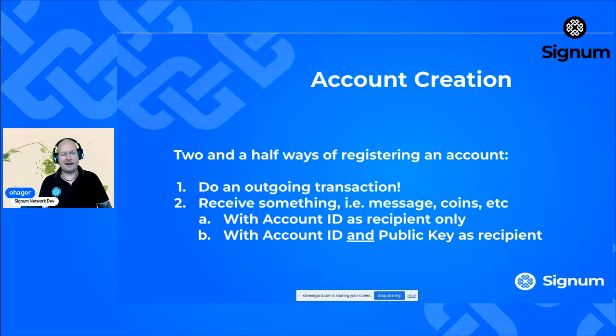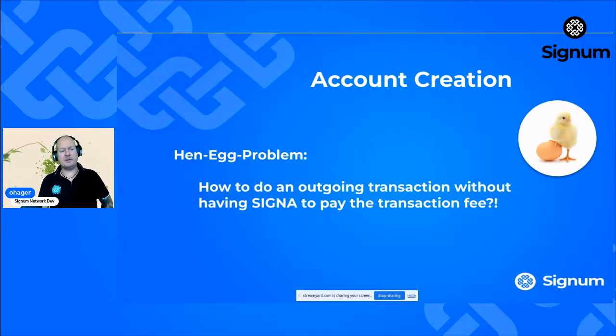There's something I call a chicken-and-egg problem. You say, hey, how can I do an outgoing transaction without having Signa? Because on a blockchain, we need to pay a fee to the miners, because they do all the work for securing the transactions. So how does it work? I create an account, I make an outgoing transaction, I need Signa, but how can I get Signa in that way?